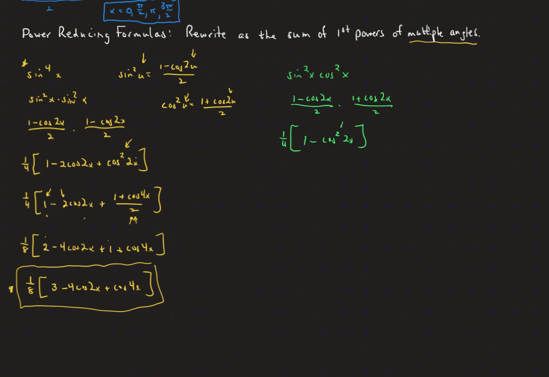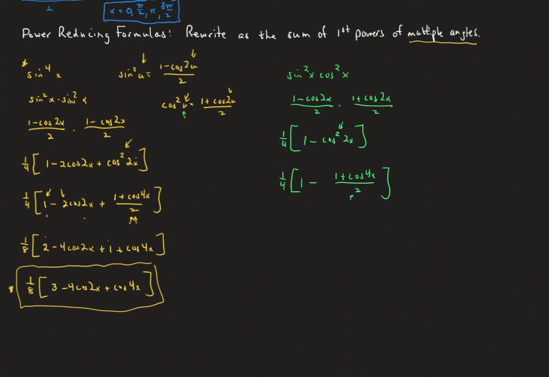Again, we're not going to stop because we've got a cosine squared. So this will now become 1/4 times 1 minus, and this cosine squared of u, now our u here is going to be our 2x, so we're going to get 1 plus cosine of 4x all over 2. So we've introduced into the fraction a 1/2.